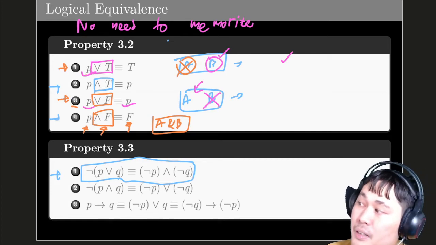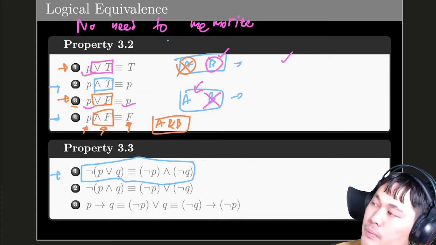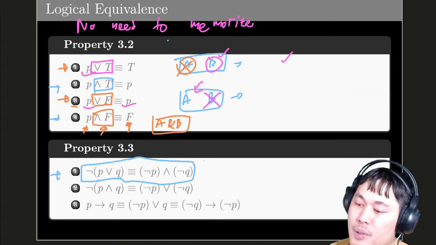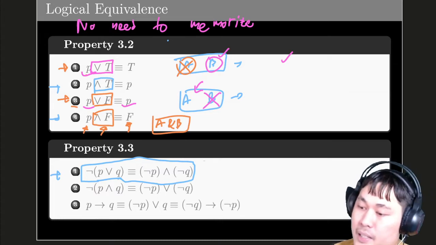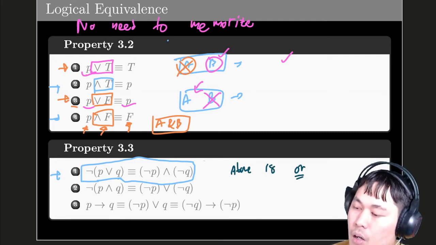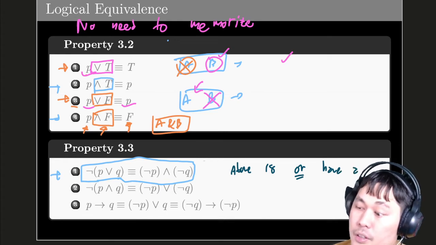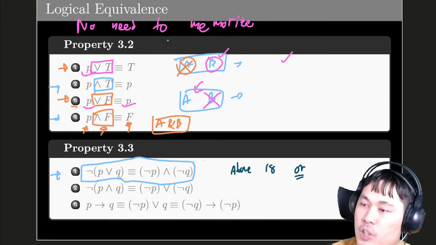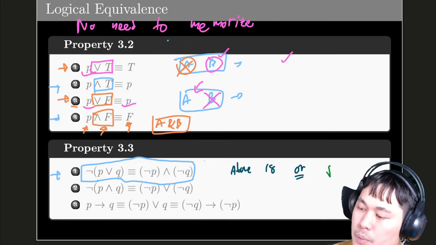For instance, let's say if you want to donate your blood, there are several conditions. The first step to be able to donate your blood, you need to be above 18 or have consent from your parents. 18 or your parents' consent.